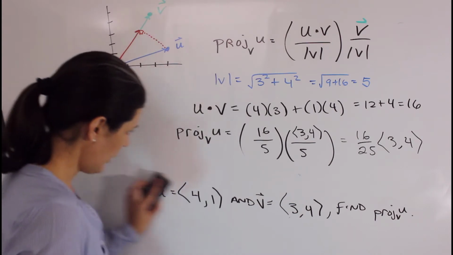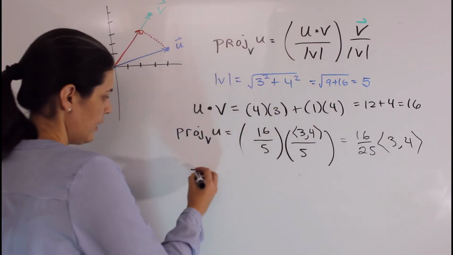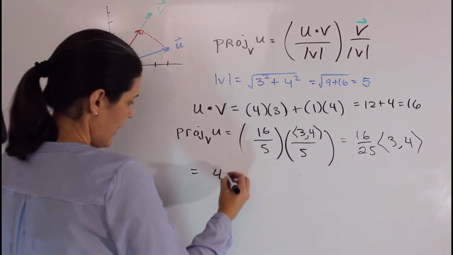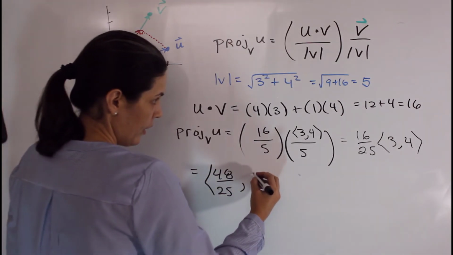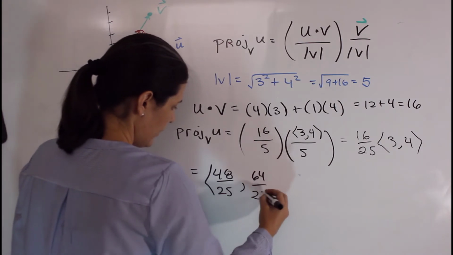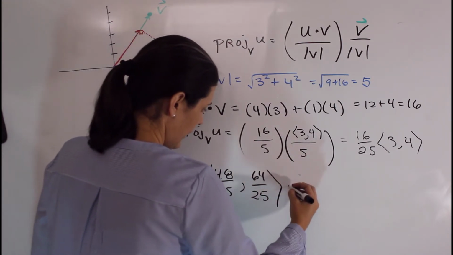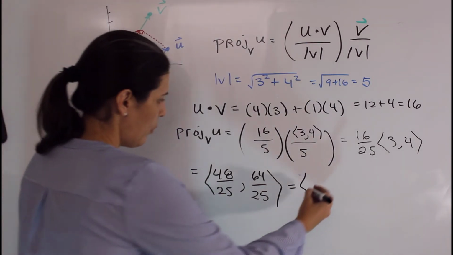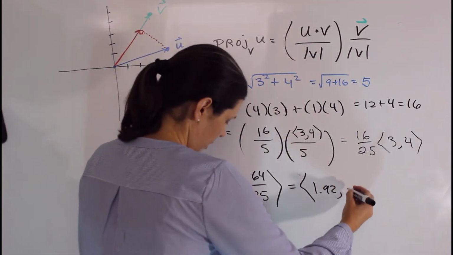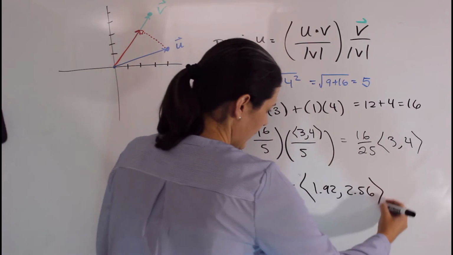So this is going to be ⟨48/25, 64/25⟩, and if you use a calculator to actually divide that out, I got ⟨1.92, 2.56⟩.